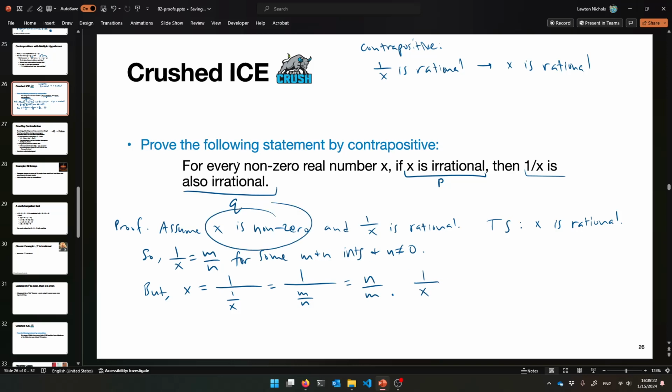Does that make sense? 1 over x must not be 0. So its reciprocal is also non-zero, which means m over n is not 0.